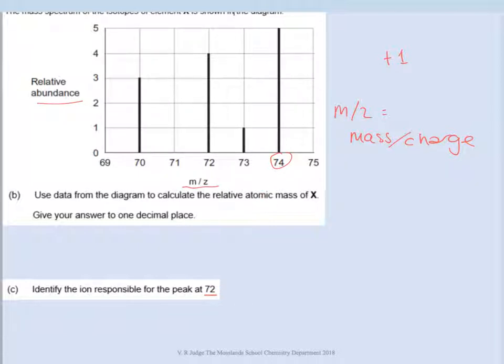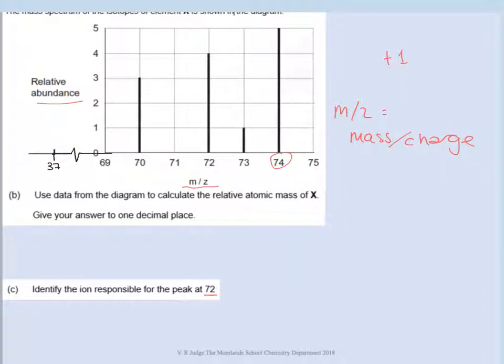Now sometimes they do trick you a little bit, and they ask you some questions about smaller peaks lower down the spectrum. So for example, on this spectrum, if we could see a little bit further to the left, down this way, you might see at a mass to charge ratio of 37, this tiny little peak over here.